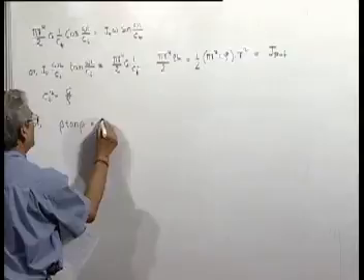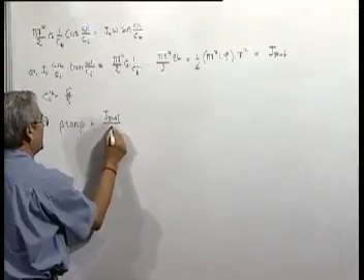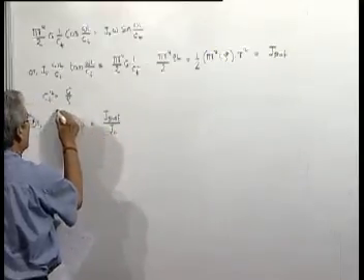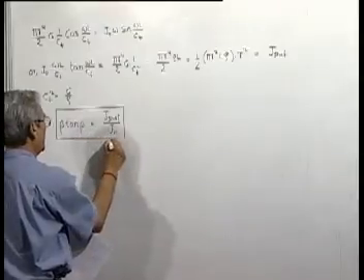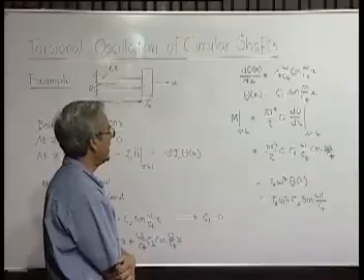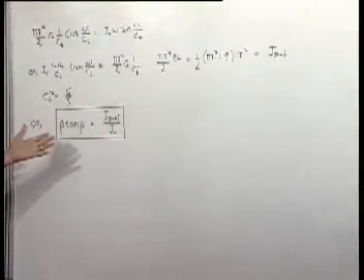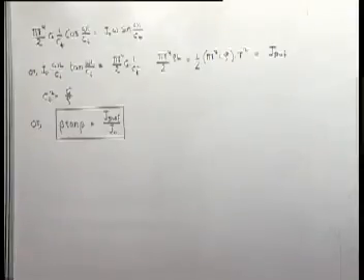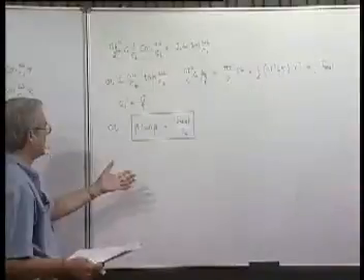So thus we get a transcendental equation, and these transcendental equations can be solved only by computational technique, or in the earlier days it used to be solved by using standard tables. One standard book of table is by Jahnke and Emde.